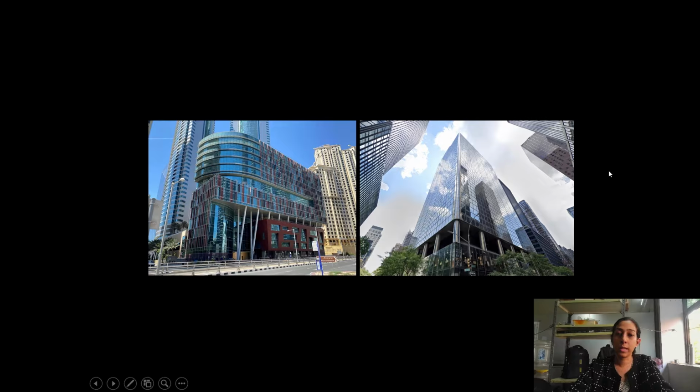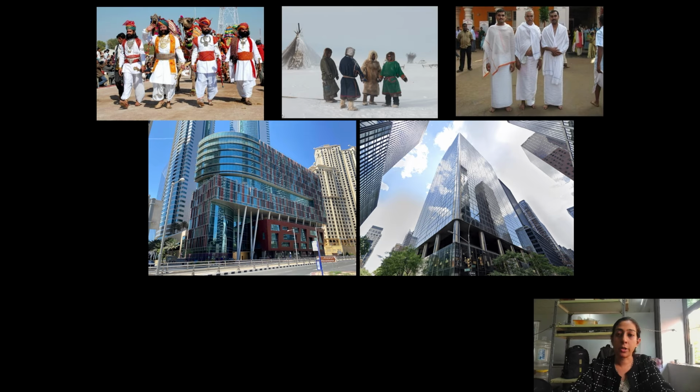So here are a few examples where we see that the buildings nowadays do not have any particular identity with respect to climate, but a very much adaptation from the Western cultures. But our tradition actually moves around the climatic zones.